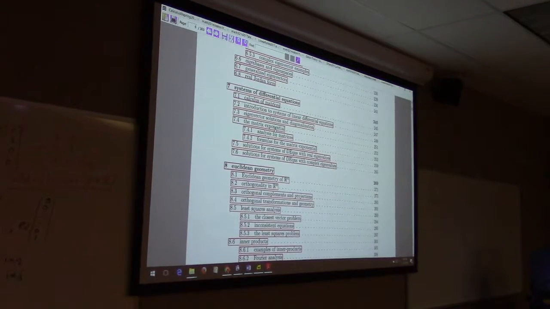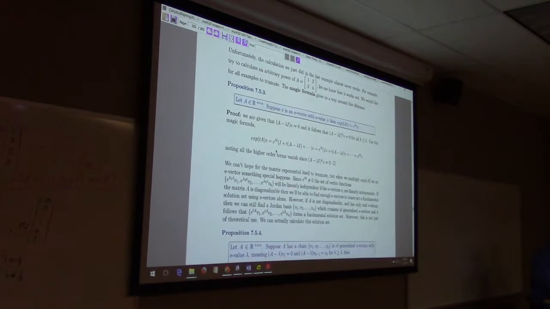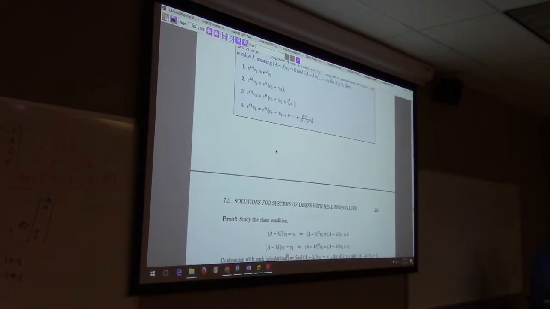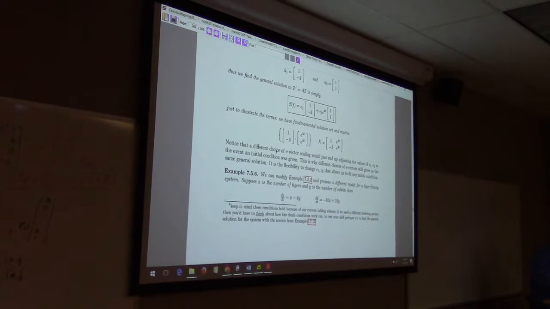Differential equations. Some of you may already know this, but if you want to solve this set of differential equations, dx/dt equals x minus 4y, dy/dt equals minus 10x plus 19y.